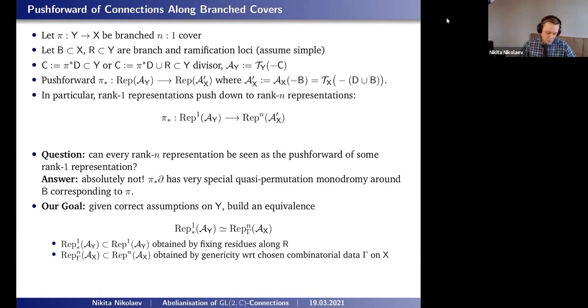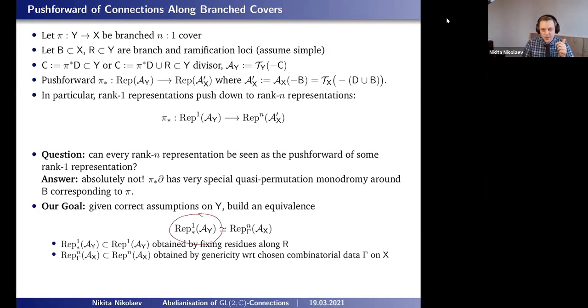Right. Okay, so these two categories of representations, I drew some kind of decorations on them. I'll explain what these are, but basically for this category of rank 1 representations on Y, I need to restrict it in some way.